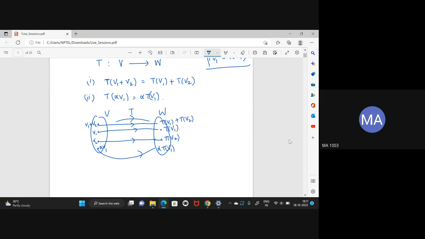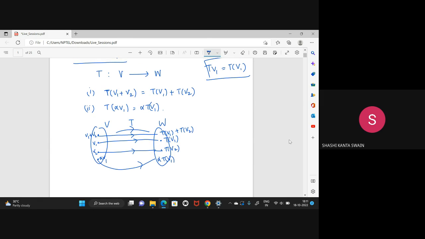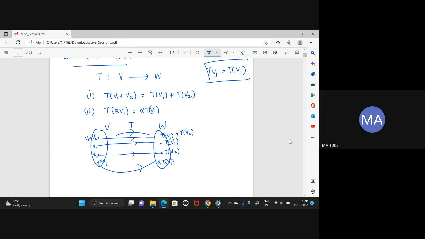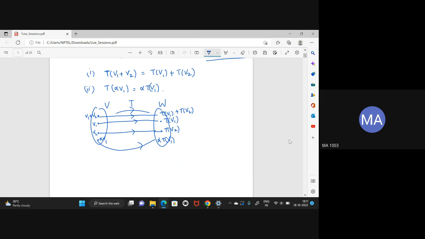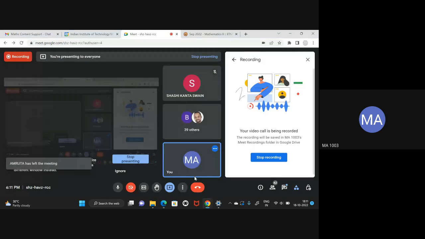Madam, could you please expand that? For me, it is displaying very small. Is my screen small to everyone? Maybe you should pin my screen. Is it big enough for the others?